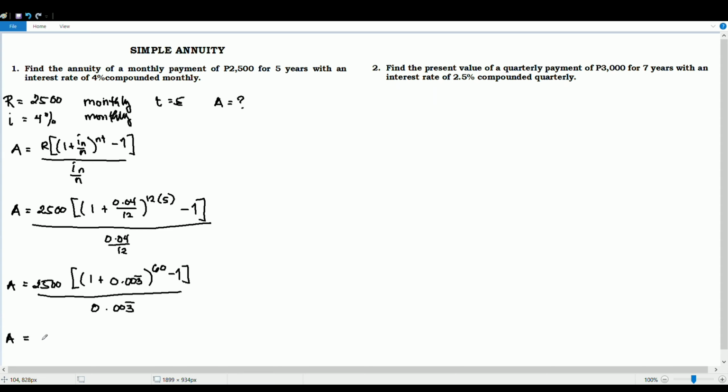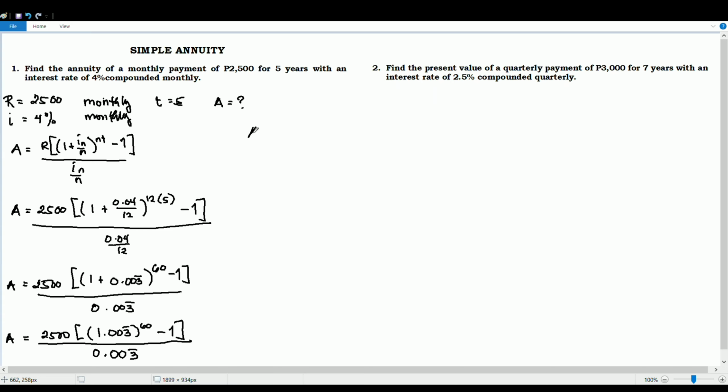Now we have 2,500 times 1.003 raised to 60 minus 1 over 0.003. Now we have to evaluate 1.003 raised to 60, and 3 is a repeating non-terminating number.